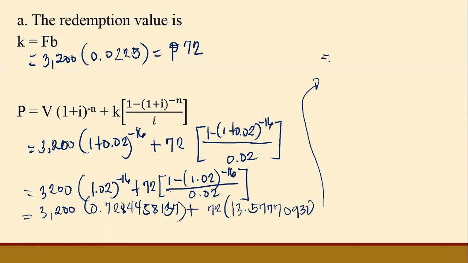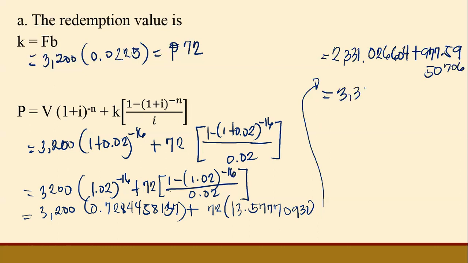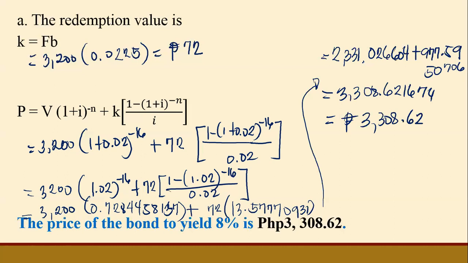So this is equal to 2,331.026604 plus 977.5950706. Okay. So this is equal to 3,308.62167. So this is now equal to 3,308 pesos and 62 centavos. So that is the price of the bond to yield 8%.